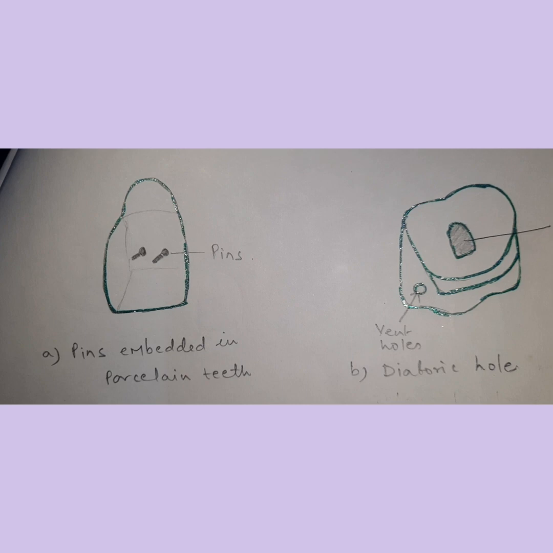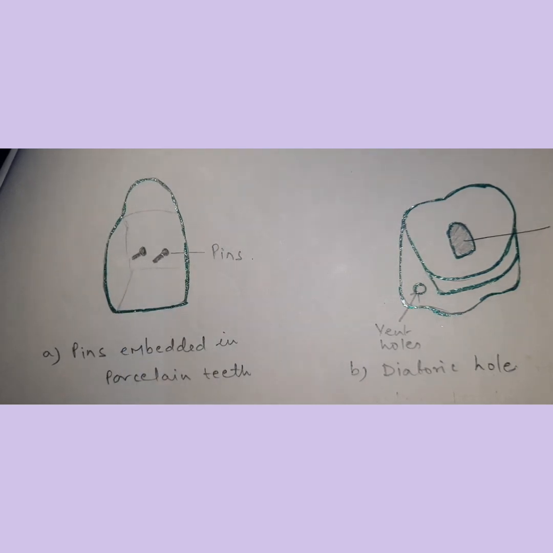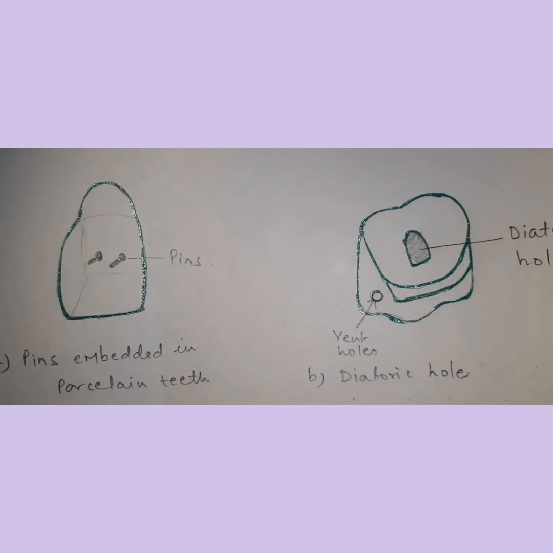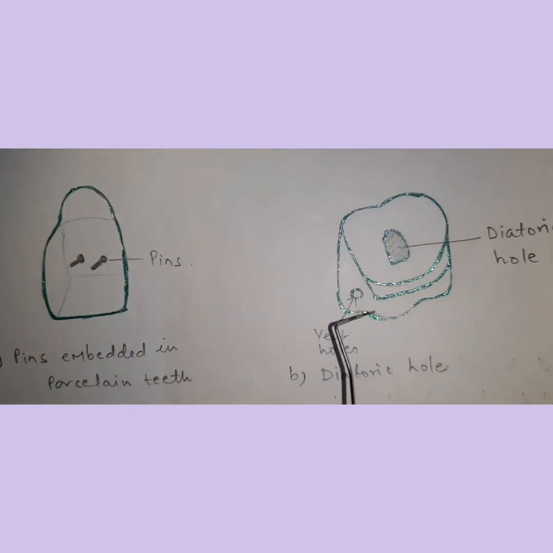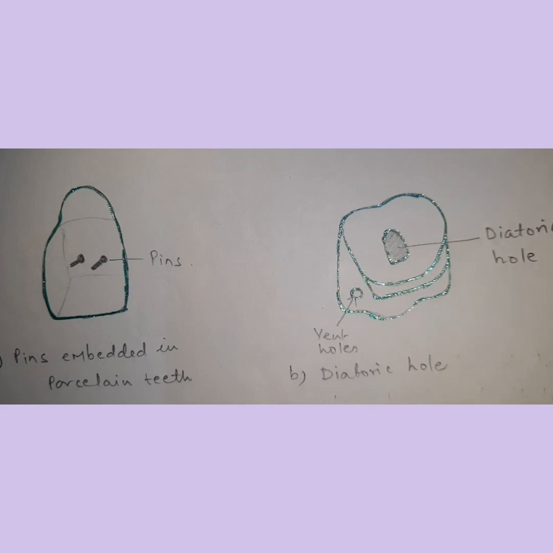So you have to create mechanical retention, by means of pins embedded in the porcelain teeth that help in interlocking with the denture base, or you can have diatoric holes, like you have vents here, through which the acrylic flows and holds the porcelain teeth. So that is one drawback of porcelain teeth, that they are mechanically retained and not chemically retained.